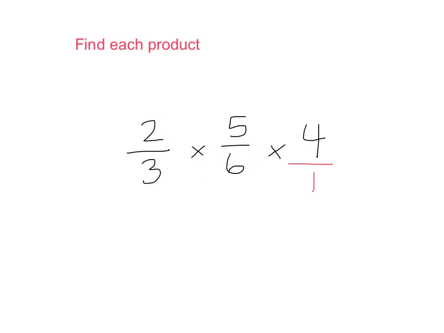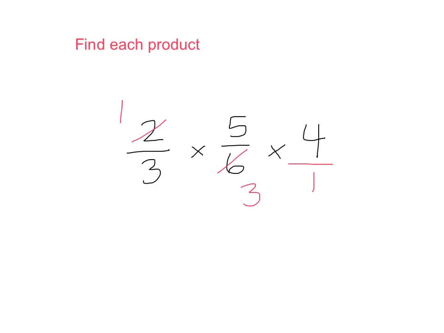So even though I can see that 2, 6, and 4 all can be divisible by 2, you can only cross-cancel one numerator with one denominator. And that's a pretty important rule. If you forget that rule, your problem will be wrong. So I can see that I can cross-cancel this 2 and this 6 by dividing both the top and the bottom by 2.